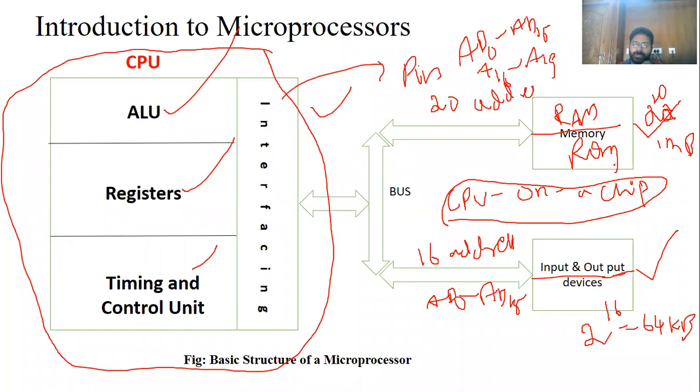That's why it is 1 MB memory. But for input output, if we connect a pen drive, hard disk or whatever, the suitable memory that can be connected to this 8086 microprocessor is 64 KB. Beyond that, it is unable to consider the data.